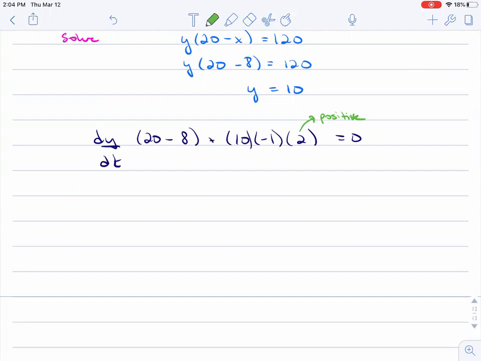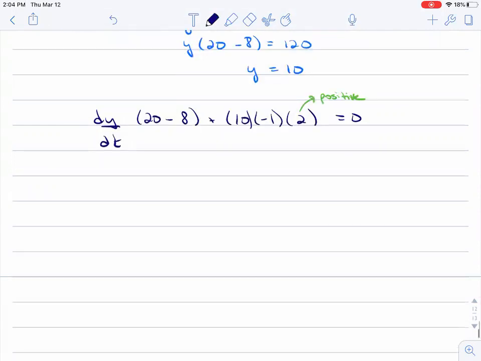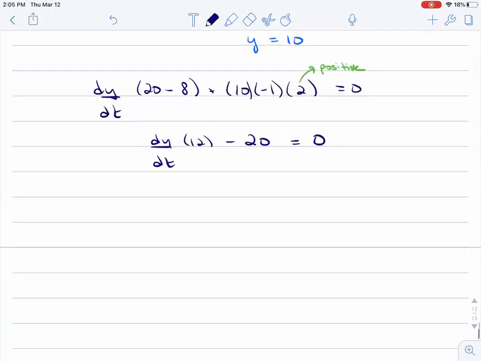Now we can simplify this a little bit. We've got dy dt times 12, and then 10 times 2 and negative, so minus 20 equals 0.